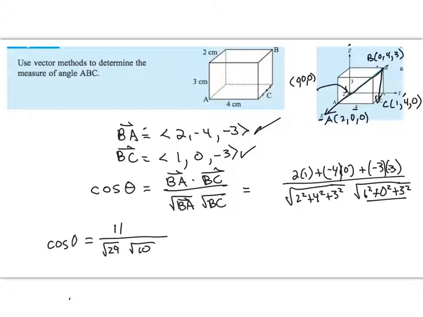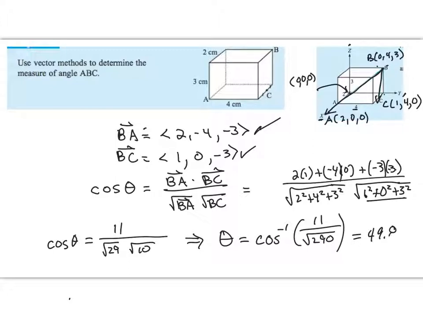So the cosine of my angle equals this, which means that the angle equals arc cosine of 11 over radical 290. And when I put that in a calculator, I get about 49.8 degrees. Alright, that's it. Hopefully you can complete the rest of your classwork and homework now a little easier.